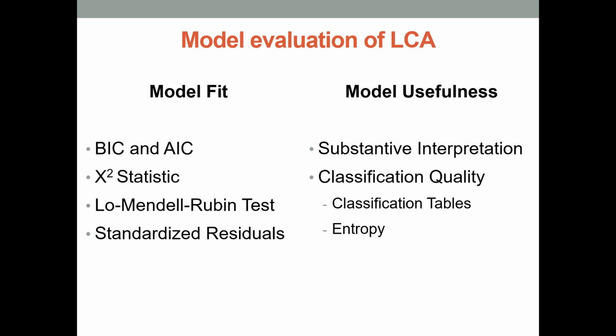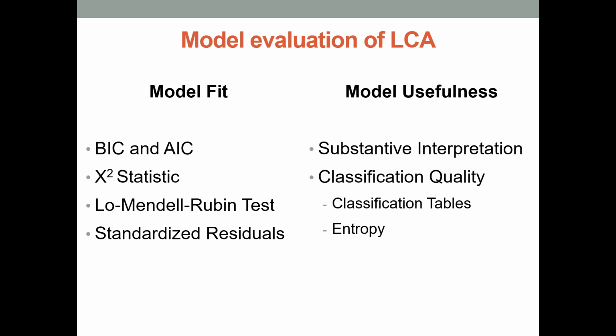You will have a lot of measurements to fit our model, and you will have the traditional criteria of statistics, the BIC, and also some special tests like the Lo-Mendell-Rubin test, and also what we call substantive interpretation.